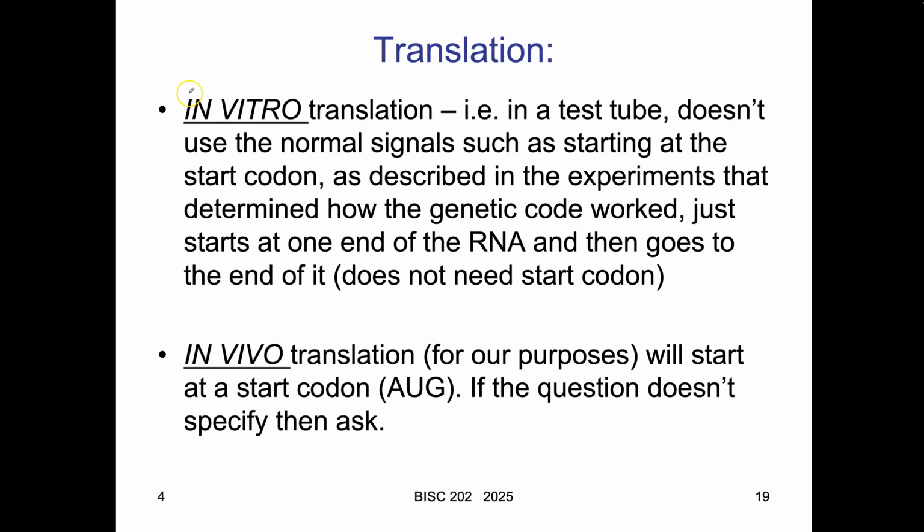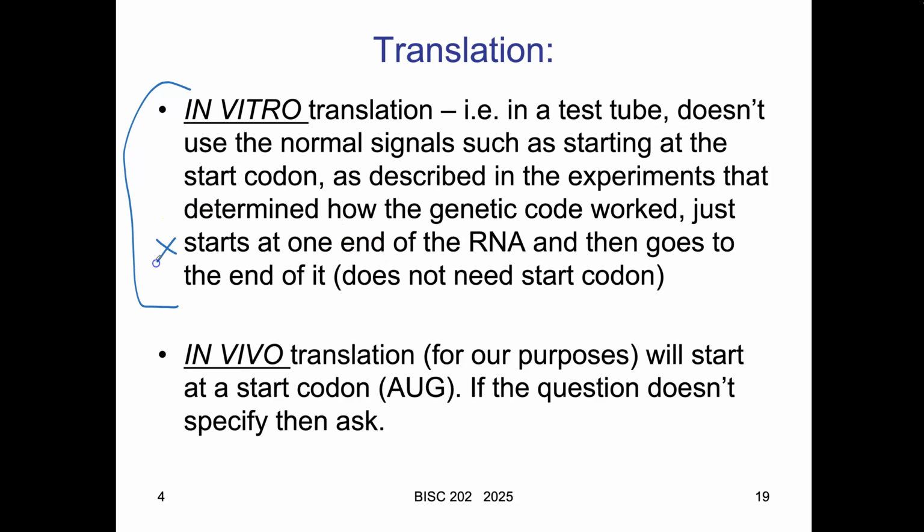Okay, and then just in terms of translation, the in vitro work in a test tube doesn't necessarily use the normal signals, like starting at a start codon and that sort of thing. The enzymes in the system used don't require that. So you basically just start at one end of the RNA and then just go to the end of it for the purposes of this class.